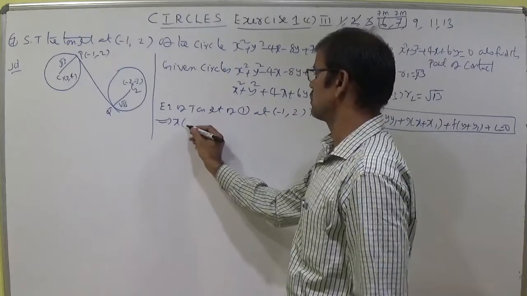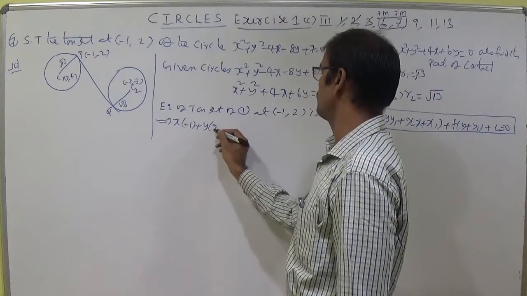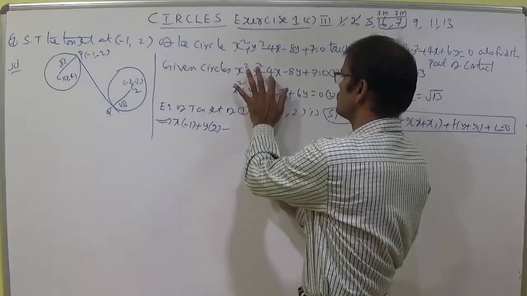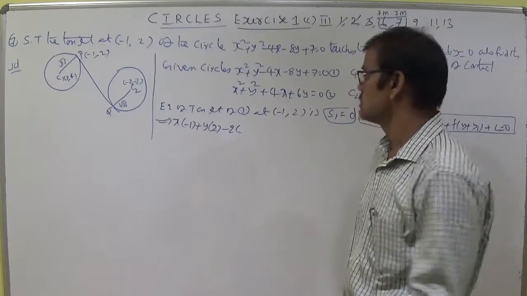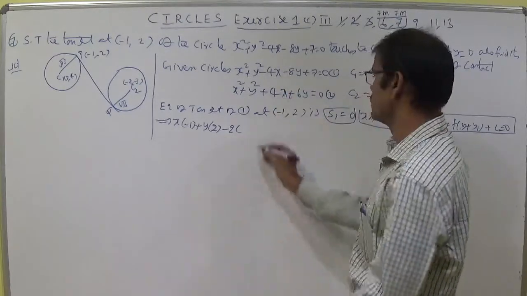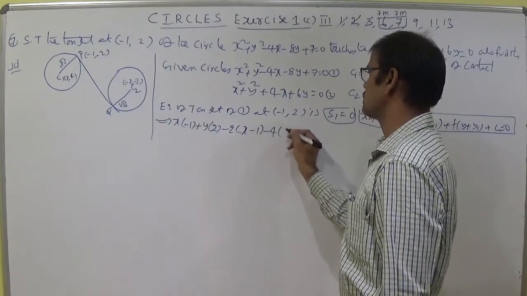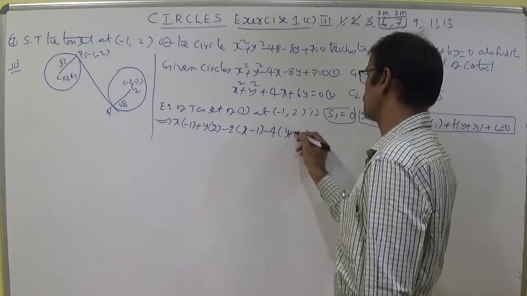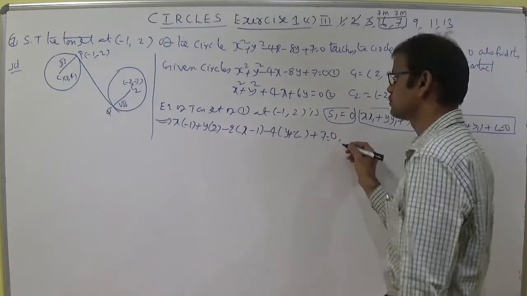x into x1 means here x into -1, plus y into y1, y into 2, minus 2, this is g. Don't get confused, don't change the symbol, simply -2, the half of the coefficient of x. So -2 into (x - 1), here -4 into (y + 2), plus 7 equal to 0.